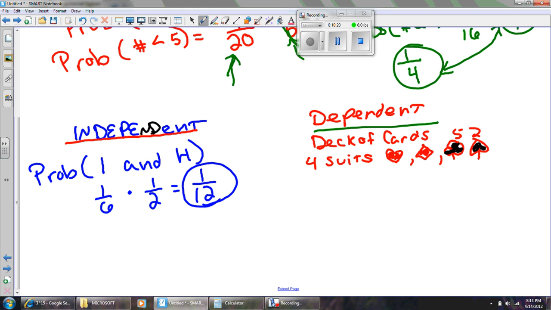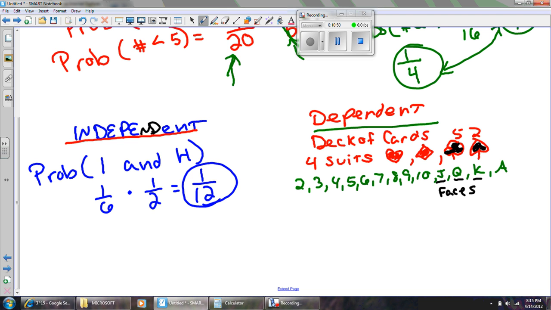Each suit has a 2, 3, 4, 5, 6, 7, 8, 9, 10, a jack, queen, king, and an ace. And these three cards here are called face cards because they have faces on them. A picture of a jack, a queen, and a king.